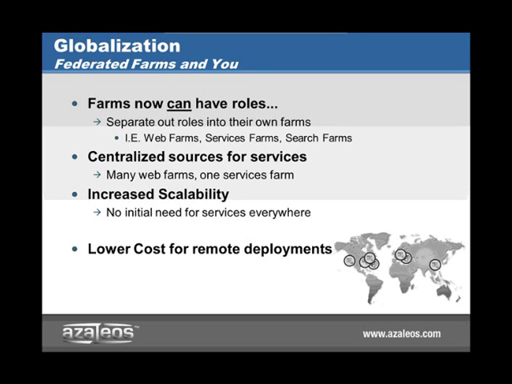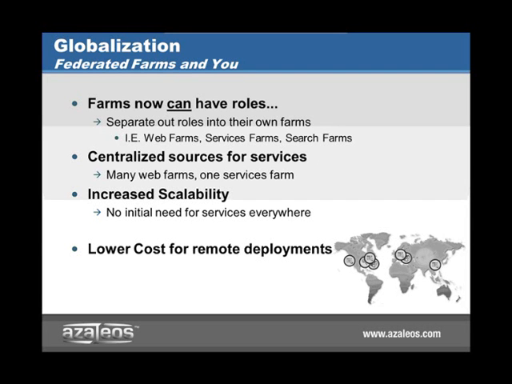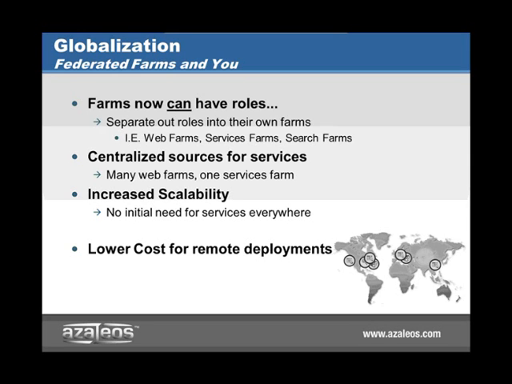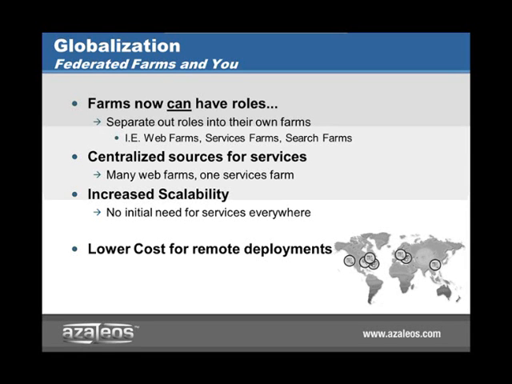As you see there in the little map that I've put together, you see the different web front ends, you see the services, and then you see a search, how they're all working. That is considered one full farm or one full environment with multiple farms located within it.